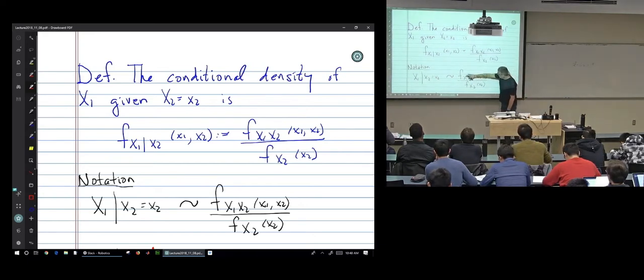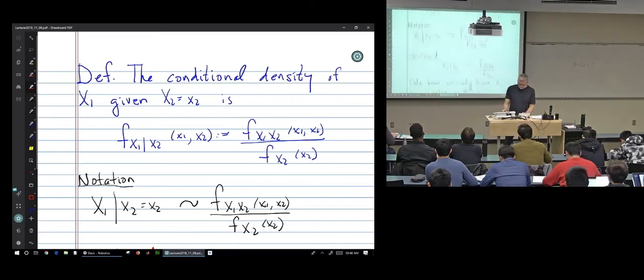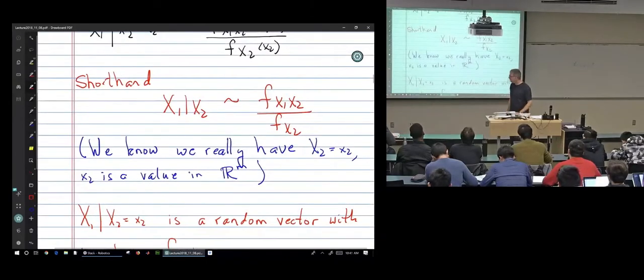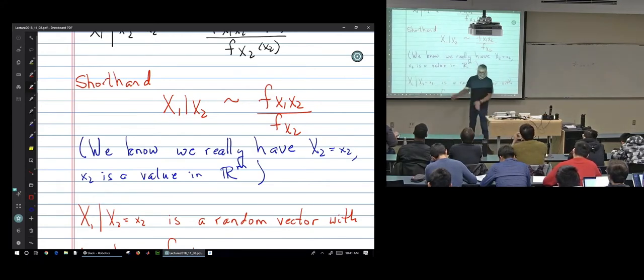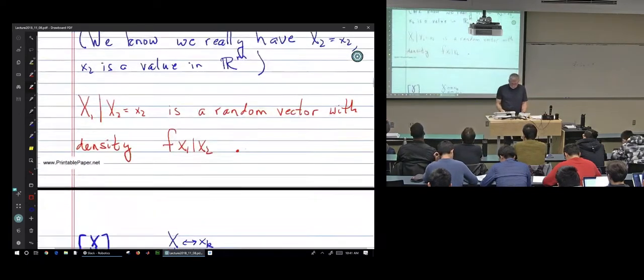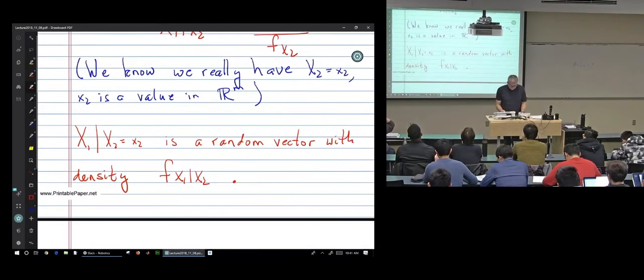So probability of A intersected with B over probability of B. That's what we have here. We use shorthand notation just because the formulas get heavy, but when we're doing this, you always have to keep in mind that there is a value. Now, it may be a variable in your problem because you haven't made the measurement yet. You're just putting x2 there symbolically, but there's still a value.